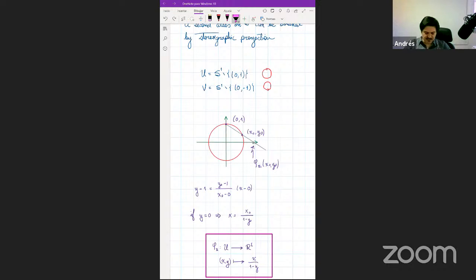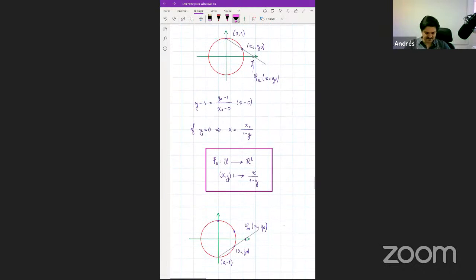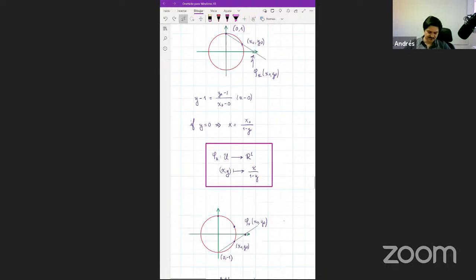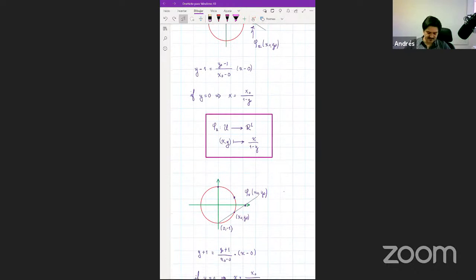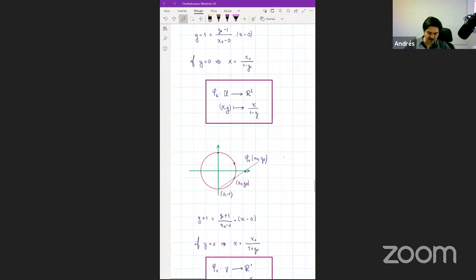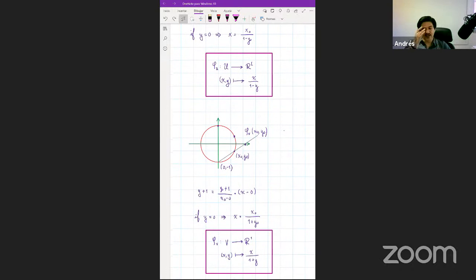The same reasoning will give you the other function. Now you project from the south pole 0, minus 1, compute the equation of the line, and set y equals to 0. And you get the other chart. Again here, the only trouble is when y equals minus 1, but that point is removed from the domain of the function.